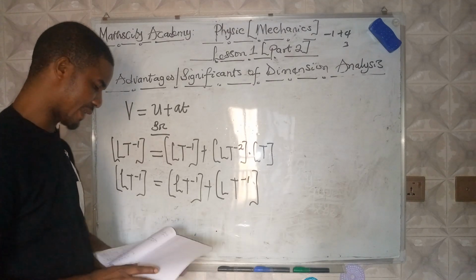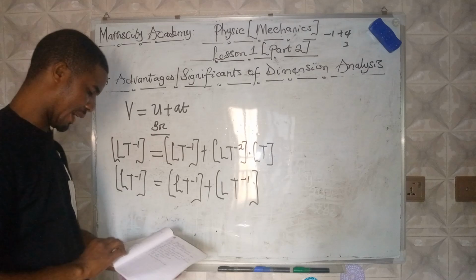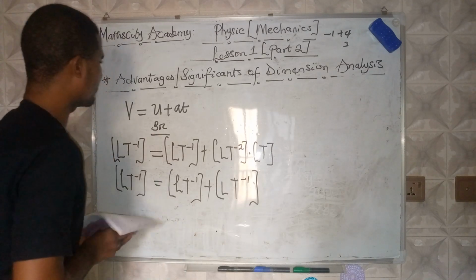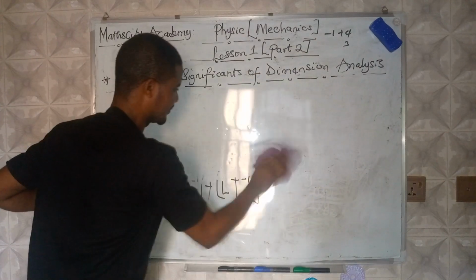The number 2 example, still under the first advantage. This question was gotten from a JUPEB examination. This one I'm going to do now.